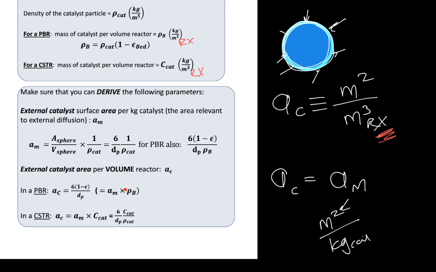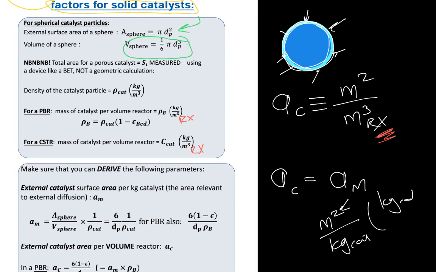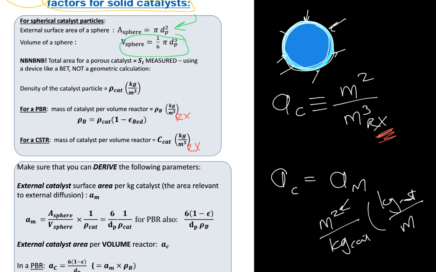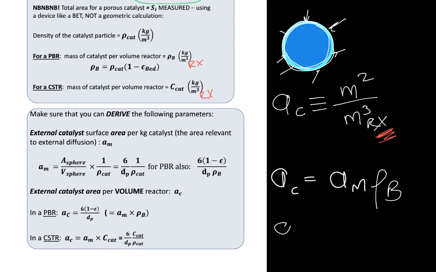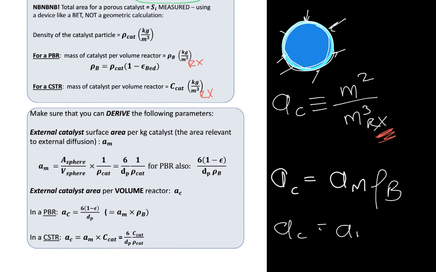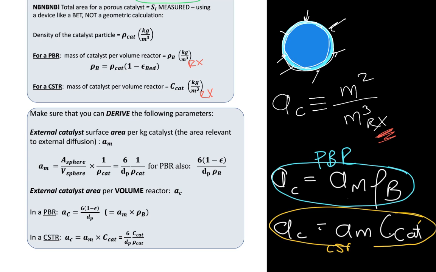And all I now need is a factor that tells me the amount of catalyst present in my reactor. For a packed bed reactor, of course, that is the packed bed density. But for a CSTR, that conversion factor is the catalyst concentration in kilogram catalyst per cubic meter reactor.